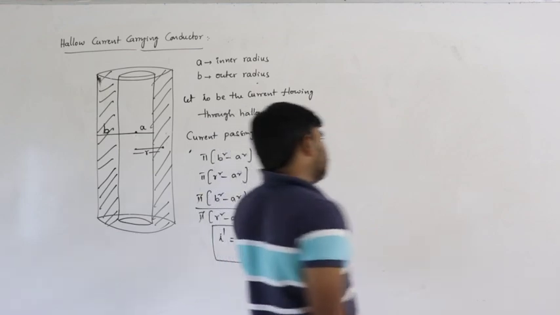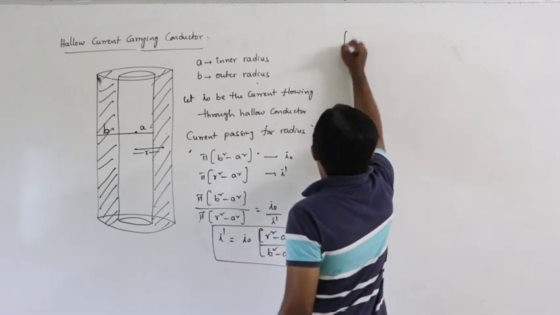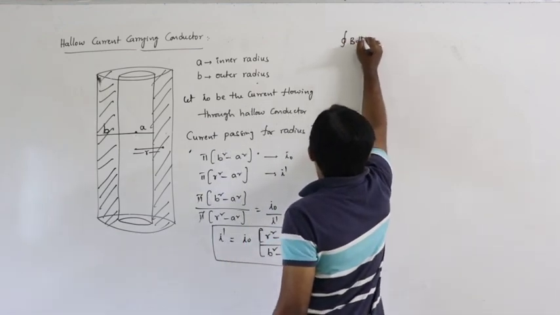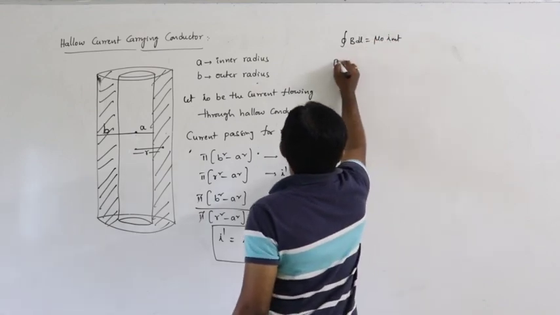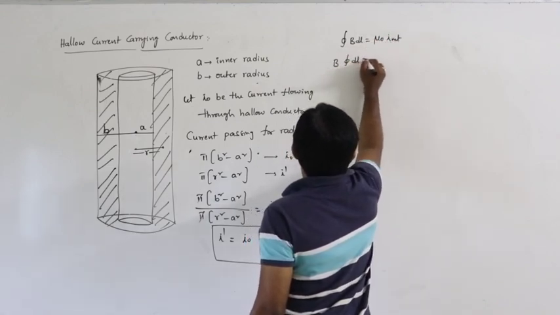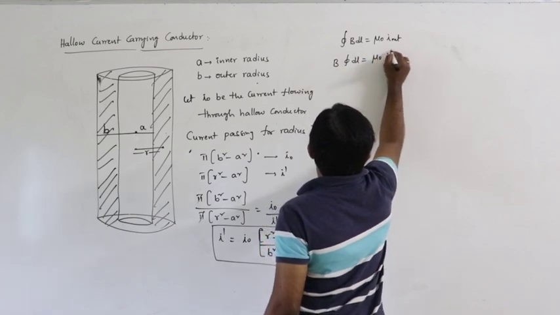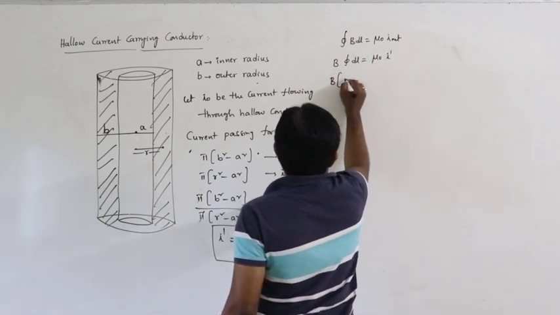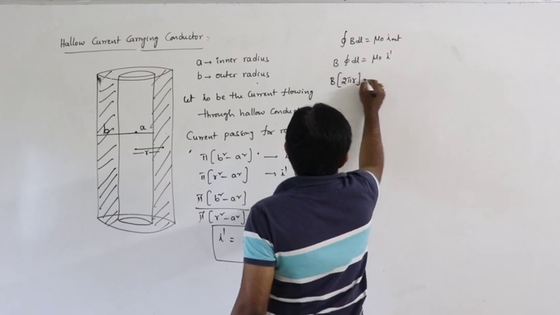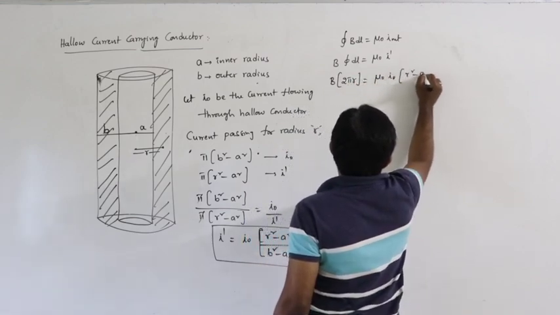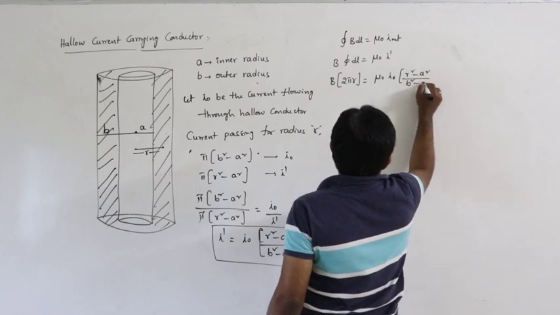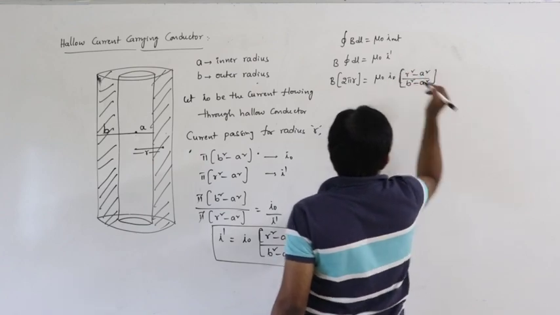Then according to Ampere's circuital law, what we can write: integral of B dot dl equals mu naught I net. So B into integral of dl equals mu naught I net, which is nothing but I dash. Integral of dl is 2 pi r. I dash is I naught into r square minus a square by b square minus a square.